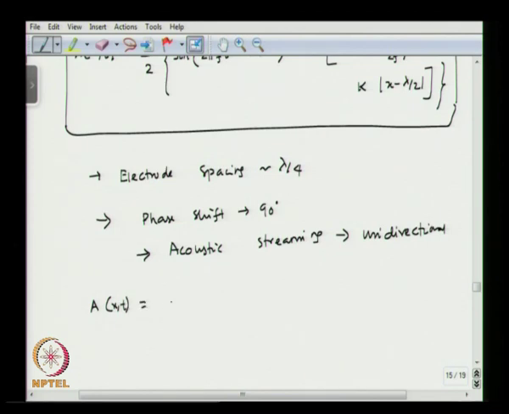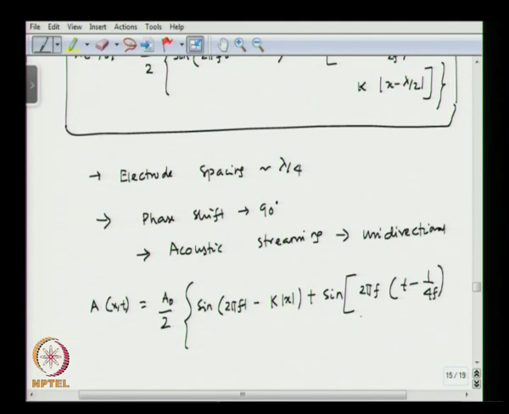And we will have the expression for A(x,t), which is A0 over 2 into sine(2 pi f t minus k x) plus sine(2 pi f (t minus 1 over 4f) minus k (x minus lambda by 4)).